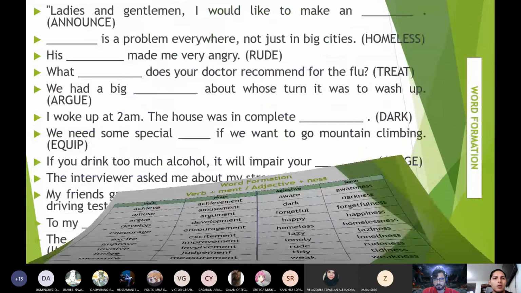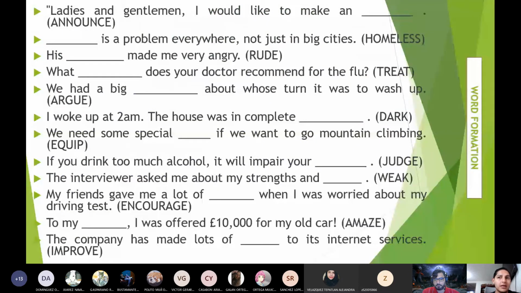So the problem of homelessness in Jalapa is quite severe. Homelessness is a problem everywhere. And now, instead of referring to people who are homeless, you can use the noun, and the register just increases, it's higher.